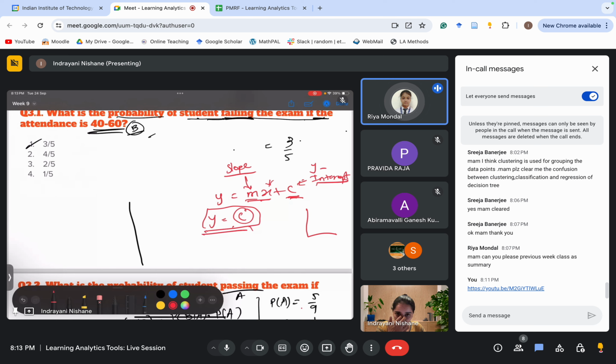For numerical problems, the regression formula, the linear regression formula, will be part of the question. In the previous week also, it was part of the question. What formula for regression you have to follow will always be part of the question.